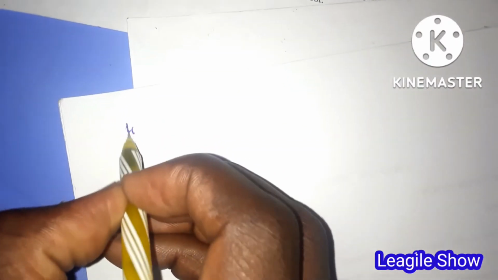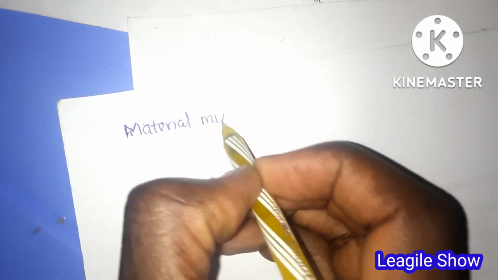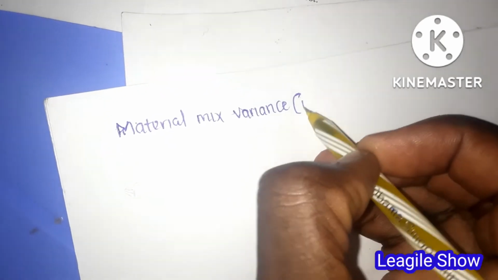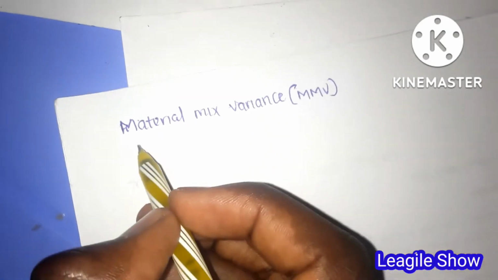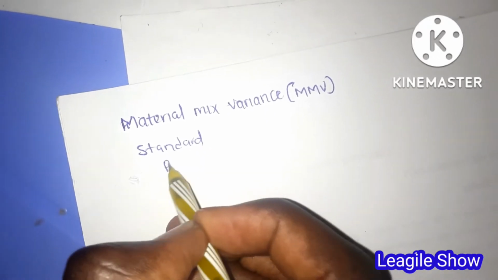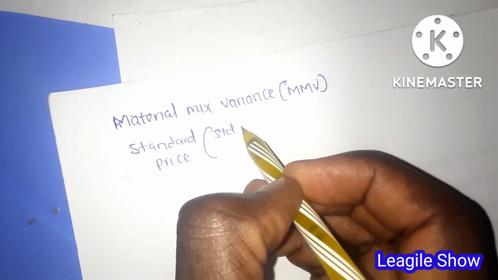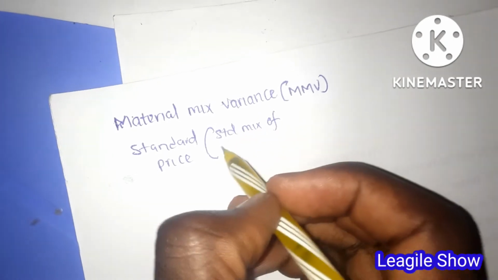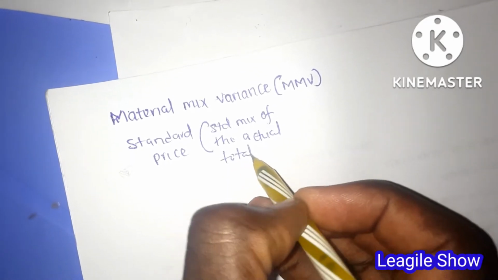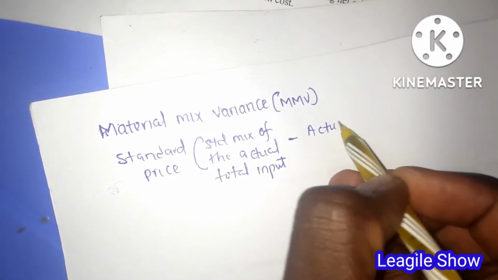So remember, material mix variance, which we'll abbreviate as MMV, is given by standard price into standard mix over the actual total input minus actual mix.